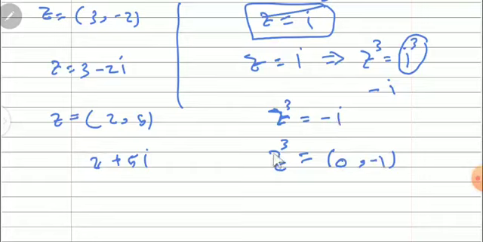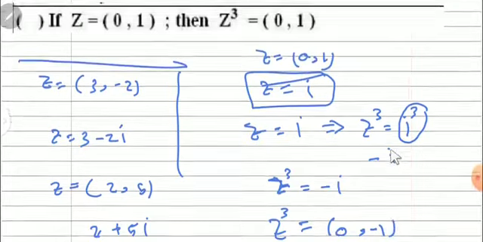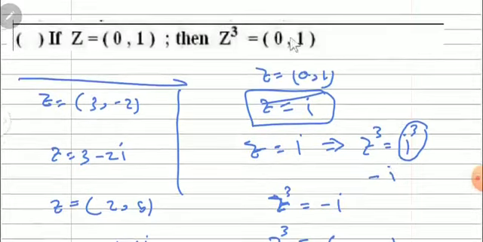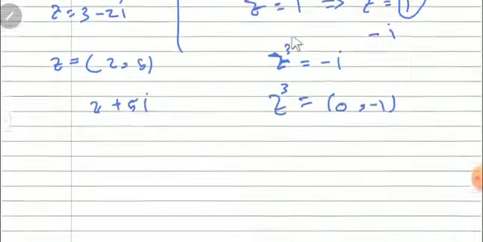So z to the power 3 here equals (0, -1), and it's not (0, 1). So the answer is false. I hope you understand. Let us move on to the next question.